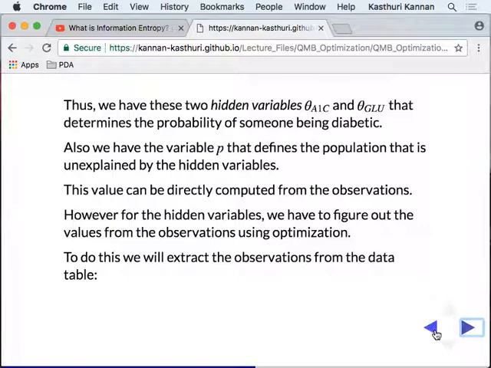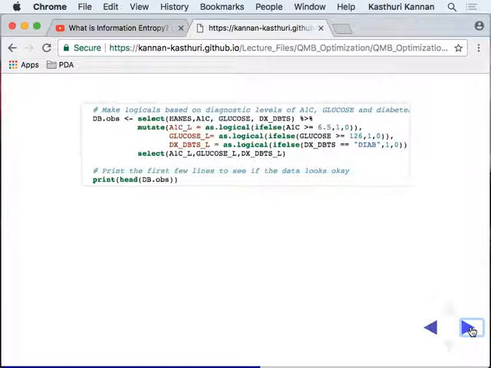There could be some people who are diabetic but have hemoglobin levels lower than 6.5 and glucose less than 126. So there could be some population which is not captured, and that can be directly computed from the observations. But there are these two hidden variables that we need to find out, and this is what we will do, how to extract that information. Okay, so this is a code that I wrote to find it out.